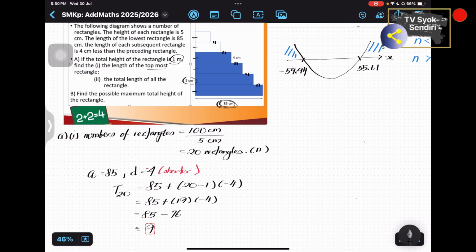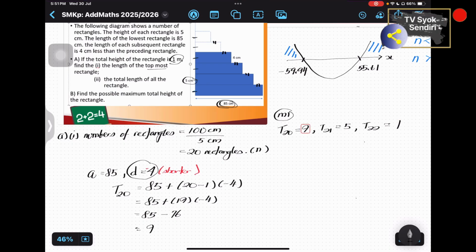Okay, next one, the total length of all the rectangles. They want all. Is T20 the last one? Let's do it in the logical way. If your T20 is 9, and remember that your D is -4, then my T21 should be equal to 5, and my T22 should be equal to 1.